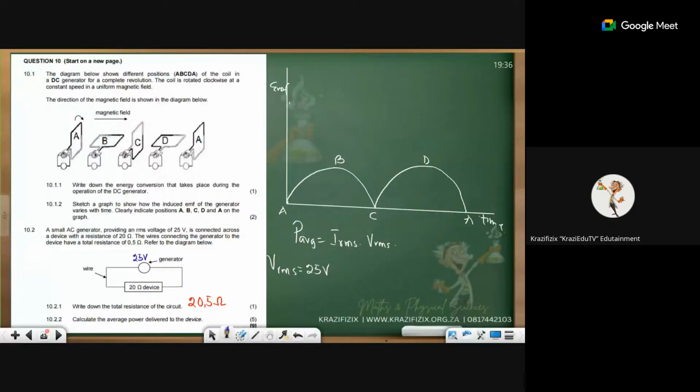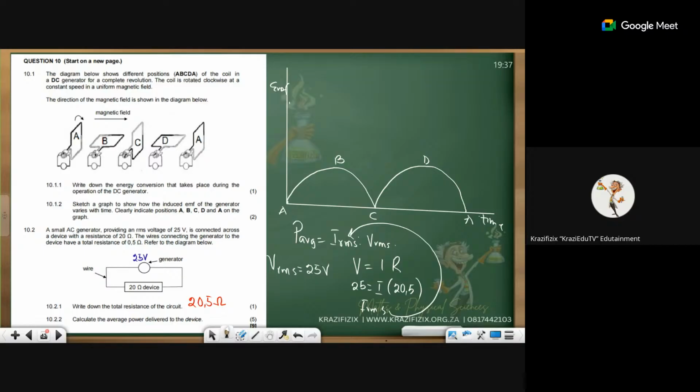We can by using V equals to what? IR. Okay, so total current V equals to what? IR, but RMS, right? What is my VRMS? 25. What is I? We don't know. What is the resistance? So that's the secret. The 20.5 is where things are just hiding. So you get the IRMS. Now you can take that back into what?